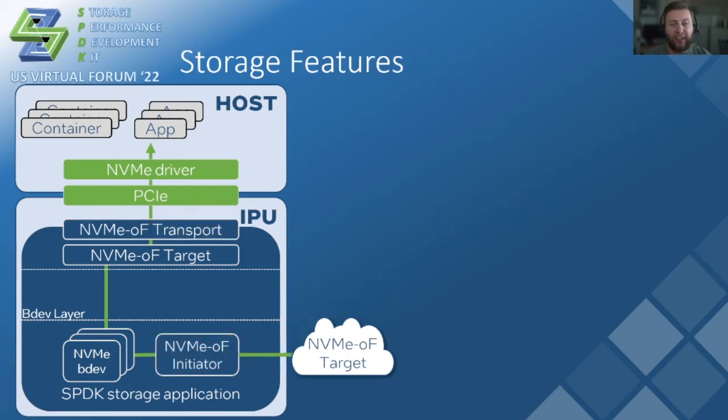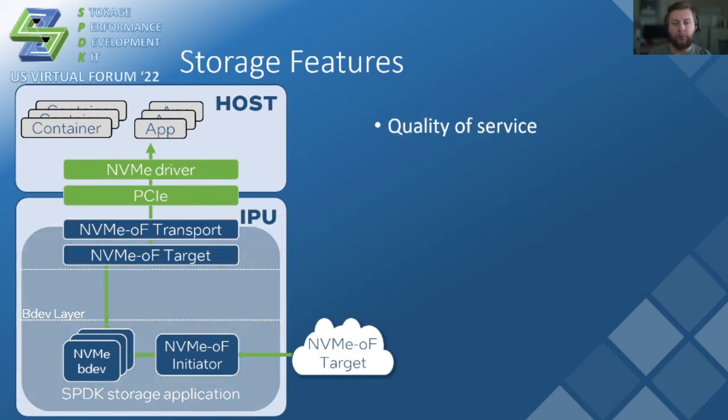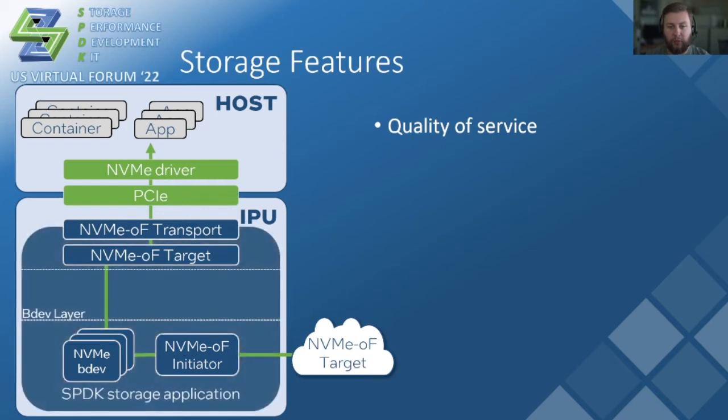Besides making a storage device available to the host, there are multiple storage features that can add more capabilities. For example, the common bdev layer allows for providing quality of service control for each device.